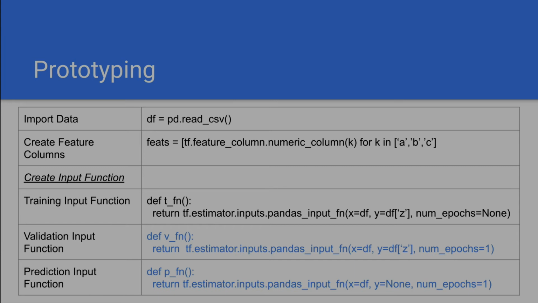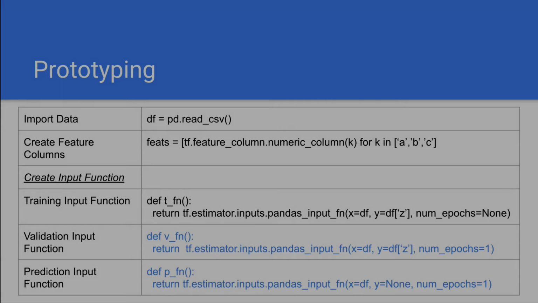The next thing you need to do is create feature columns. So your data is made up of features and labels. You're trying to predict your labels, but you have to deal with your features. So you create your feature columns and you put that into a variable, which we call feats here on the screen. Now, when you deal with estimators, you will need to create input functions.